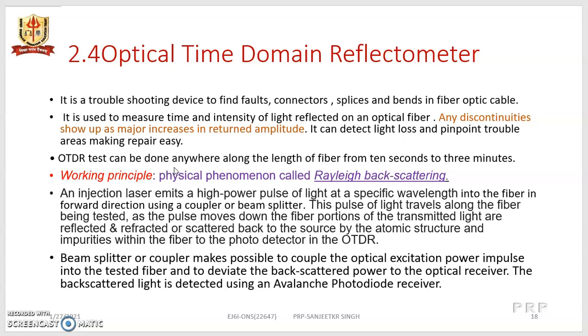So OTDR can test anywhere along the length of the fiber, and the time taken could range from 10 seconds to 3 minutes. Now what is the working principle on which OTDR is based? It is based on the physical phenomenon called Rayleigh backscattering.